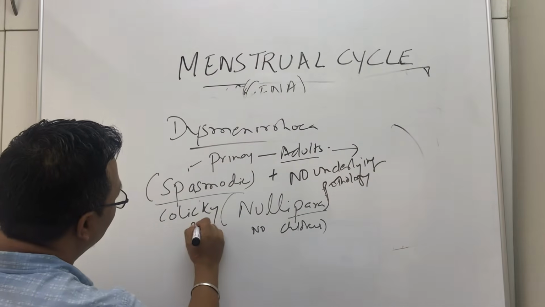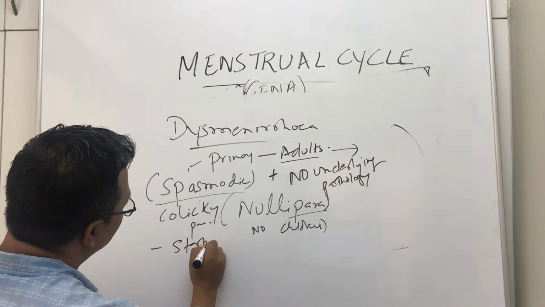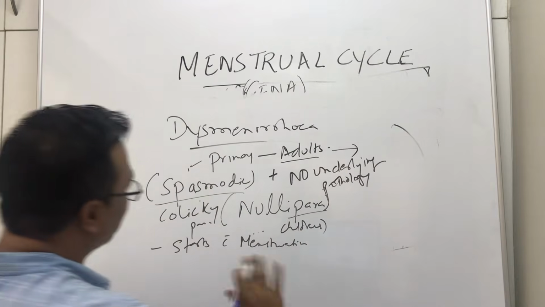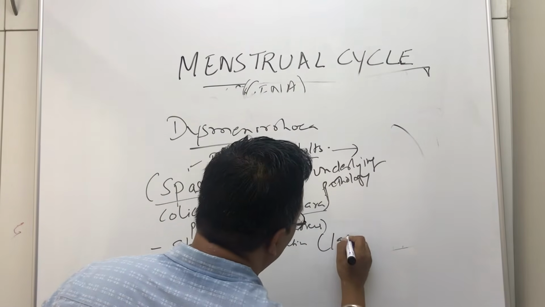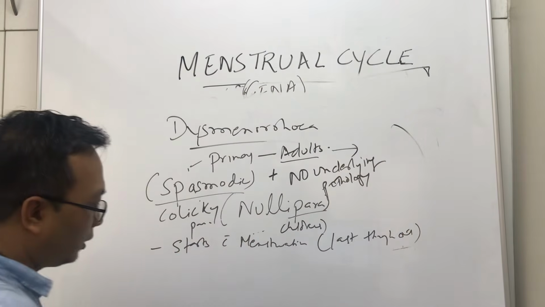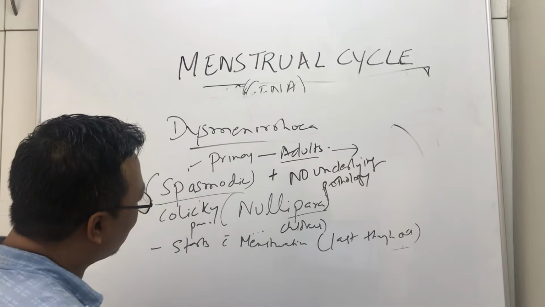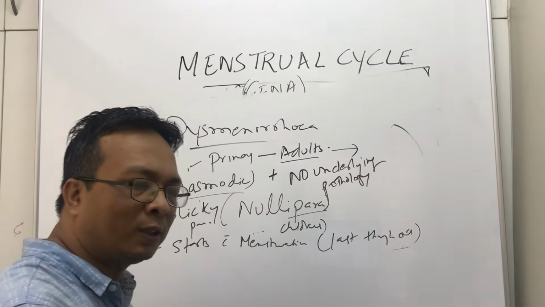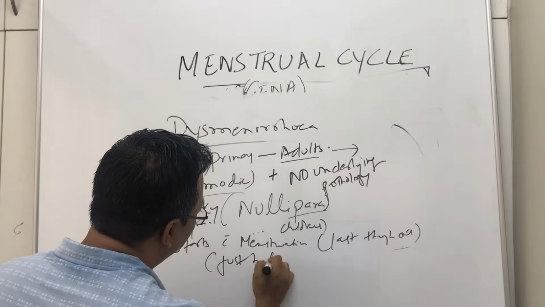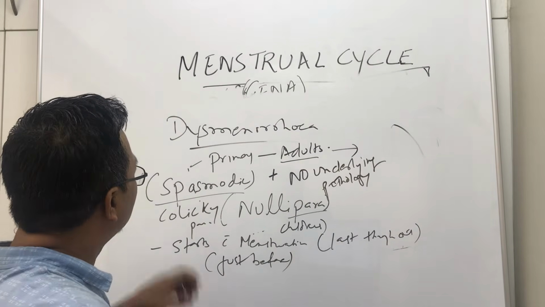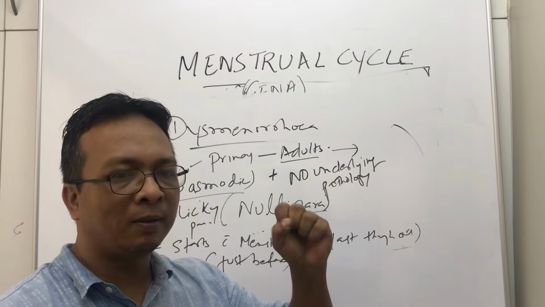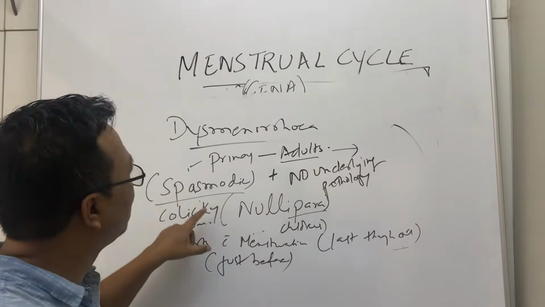It starts with menstruation and lasts throughout the menstruation. This is a very severe pain. It stays for some time and then goes. Again it stays for some time, again it goes. That's why it's called spasmodic pain.